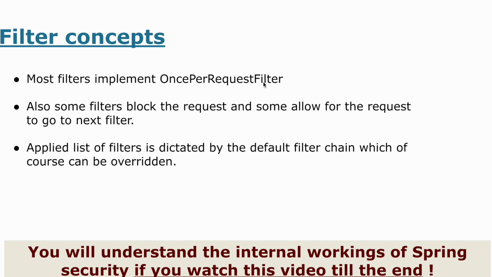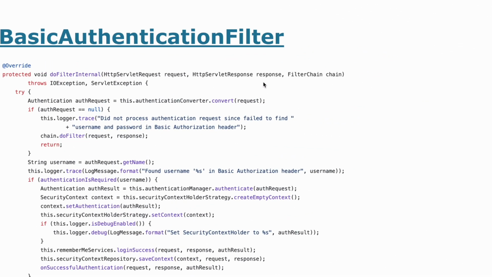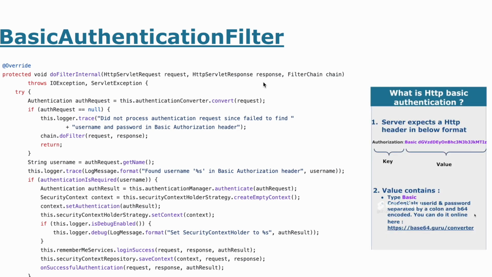So with that said, let us see an example of one of the most important or basic filters within the Spring Security framework, which is the basic authentication filter, and try to understand at a high level how this filter is implemented. But before we go there, what does the basic authentication filter do? It first tries to find out if there is an HTTP basic header, and you know that the HTTP basic header can be supplied as an HTTP header.